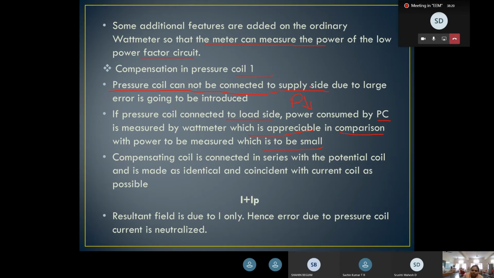For that reason, we prefer that the pressure coil be connected across the load side.